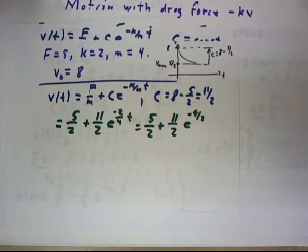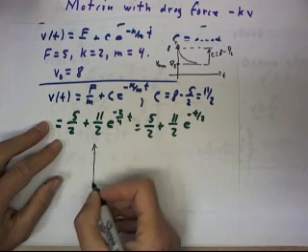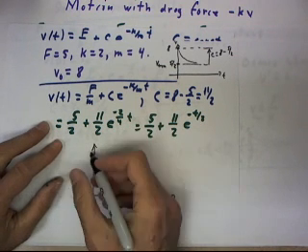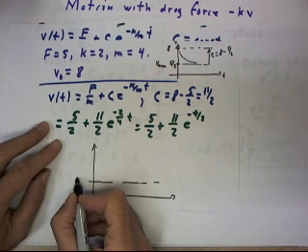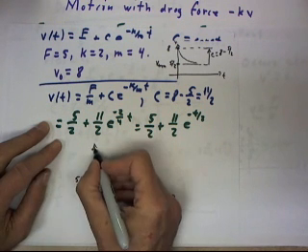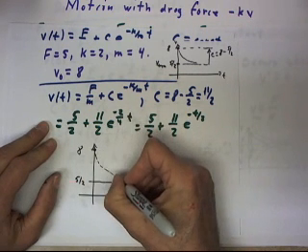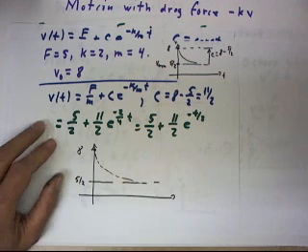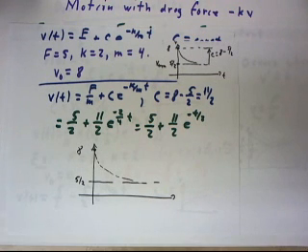If we draw a slightly larger representation of our graph, here we are at our terminal velocity of 5 halves. Here's our initial velocity, 8. Here is our function, 5 halves plus 11 halves e to the negative t over 2.